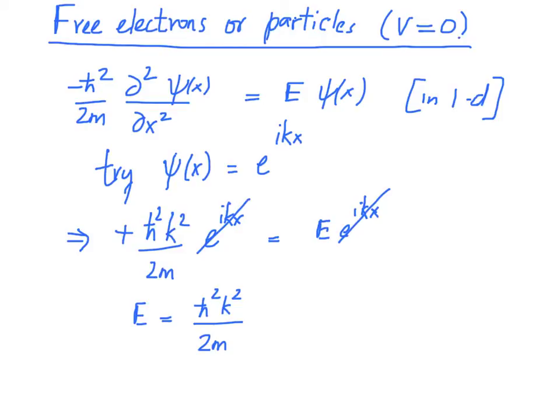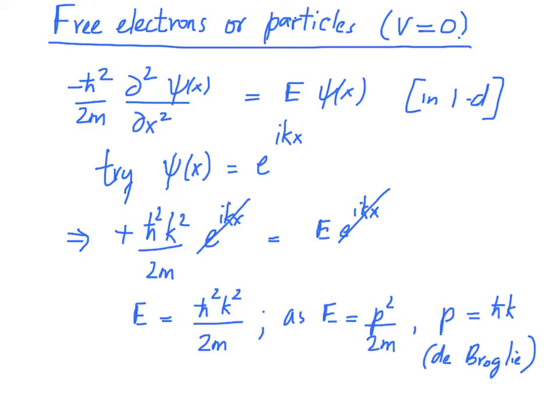If our energy is all kinetic and it is equal to p squared over 2m, which according to our Schrodinger's equation is also equal to h bar squared k squared over 2m, then p, our momentum, should be equal to h bar k, right? So let me write this down. So there it is. So p has to be equal to h bar k for all of this to work out.